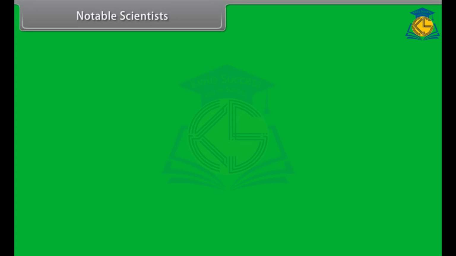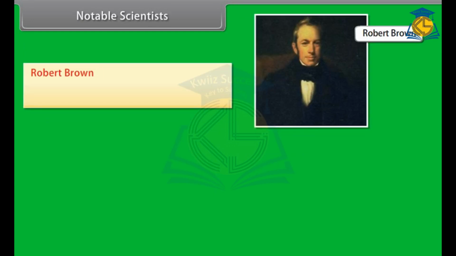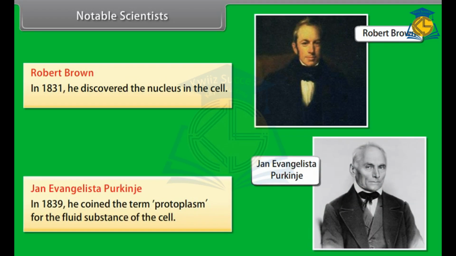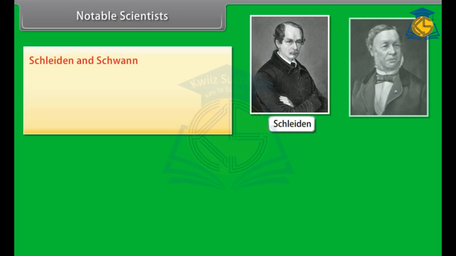Notable scientists. Robert Brown. In 1831, he discovered the nucleus in the cell. Jan Evangelista Purkinje. In 1839, he coined the term protoplasm for the fluid substance of the cell. Schleiden and Schwann.